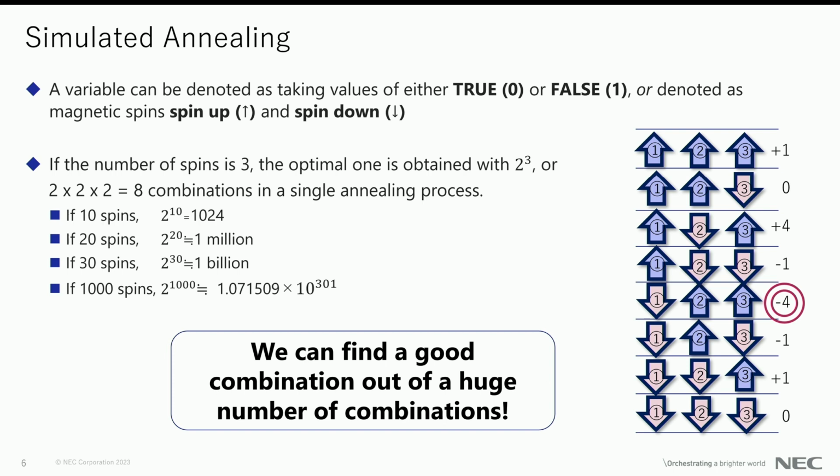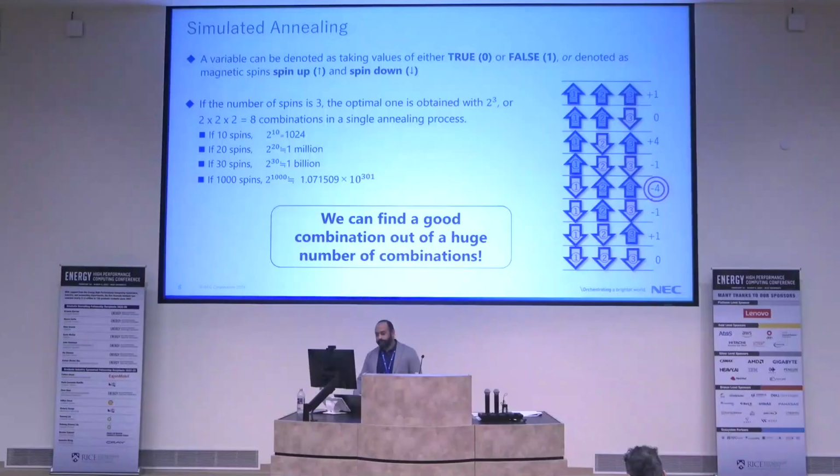It explodes exponentially. But what we are talking about here is not really an exhaustive search, but we are using quantum annealing to use natural phenomenon to find the lowest energy from this massive solution space.